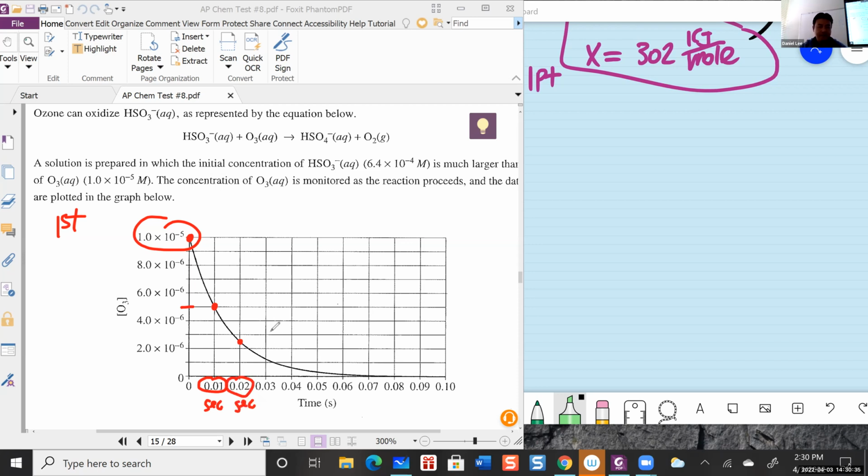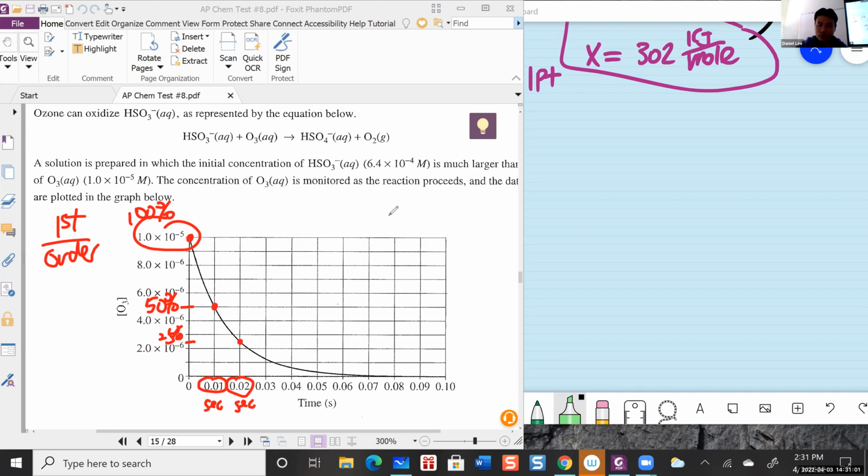This reaction has constant half-life. It becomes 50%, from 100%, and becomes 25% in a fixed amount of time. Only first order kinetics have constant half-life and decay like a radioactive decay, like what we're seeing here. So this is definitely first order.